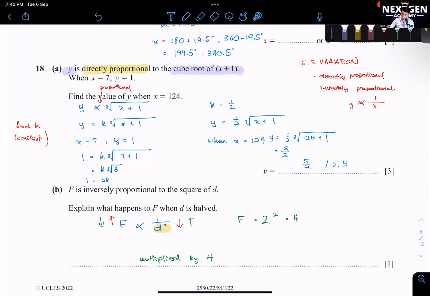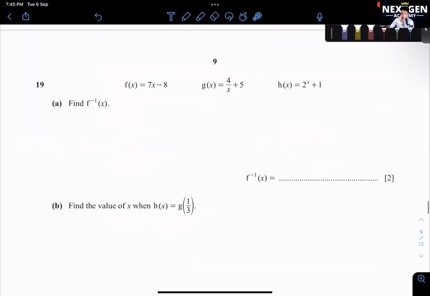All right, question 19. Find f inverse x. So this is functions. Under functions, this will be 8.6. You need to know how to do your normal function first, inverse function, composite function.